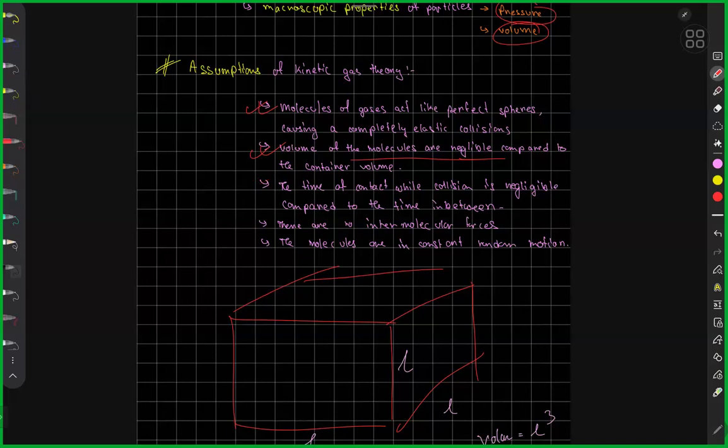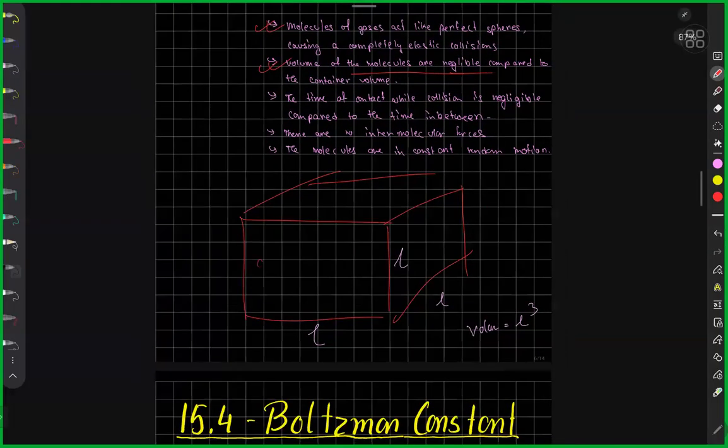Next assumption, what do we have? The time of contact during collision is negligible compared to the time in between. Over here, when I have atoms going back and forth, colliding with all of the walls, in reality the time of collision between the wall and the spherical particle is not just an assumption.